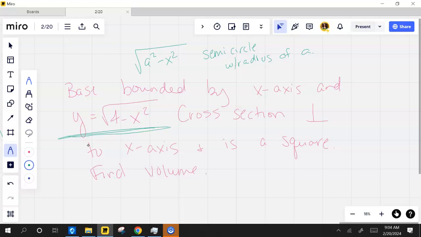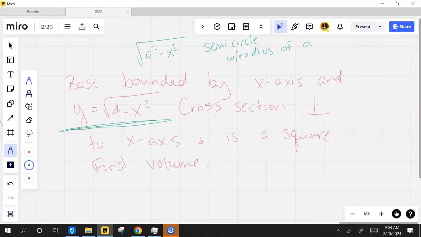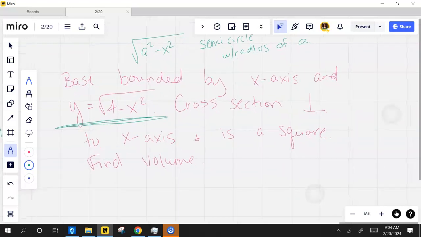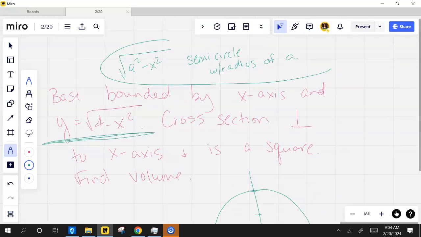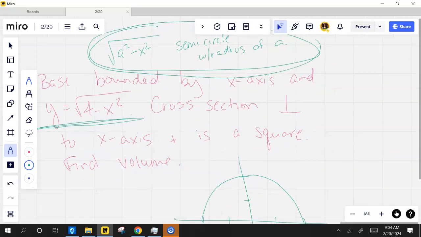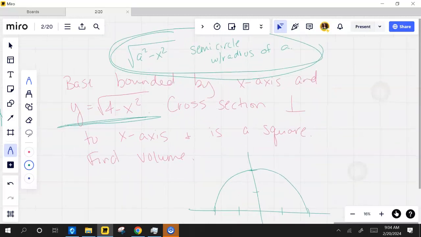It's a semicircle. All right, so if I graph this, because it says that I am bounded by the x-axis and this graph, I've got this semicircle with radius of 2. Because I just know what the equation of a semicircle looks like. And now you do too. A is the radius.